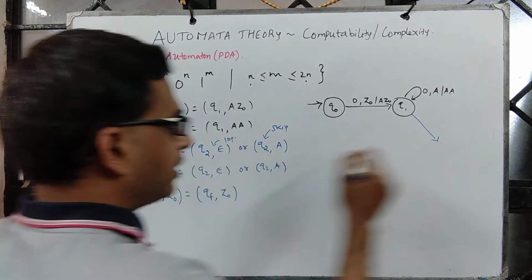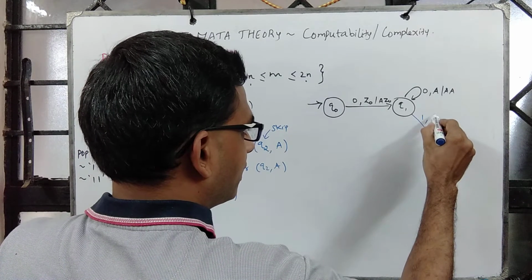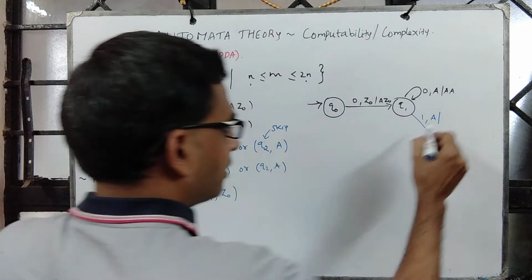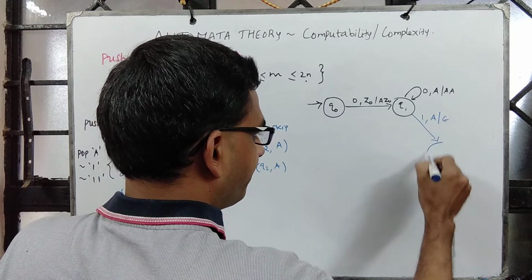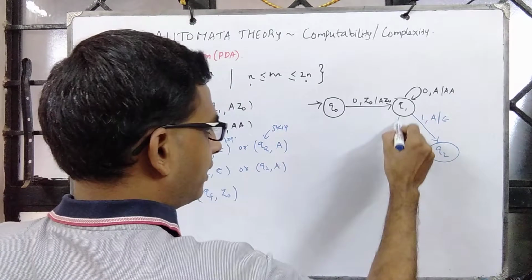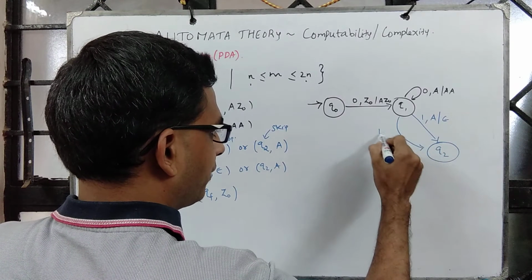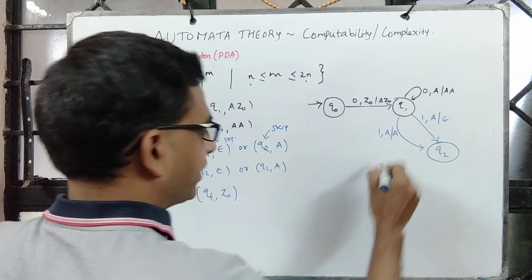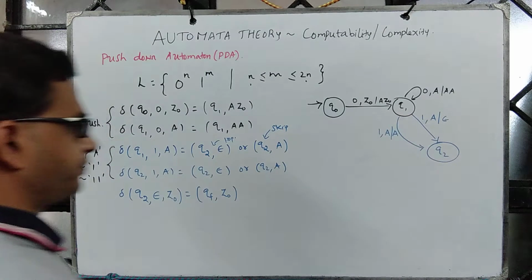We read 1, top of the stack has A in it, we pop and reach Q2, or we say 1 comma A, do nothing, skip that 1 and reach Q2.